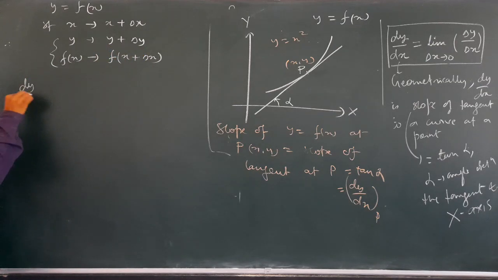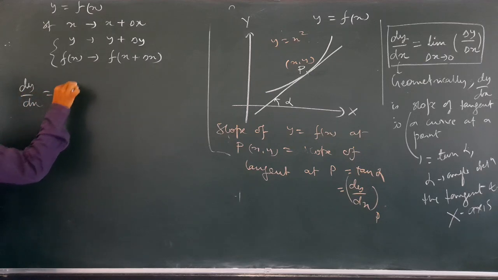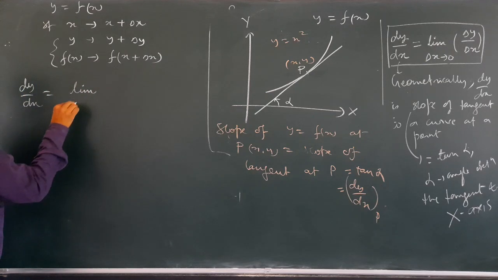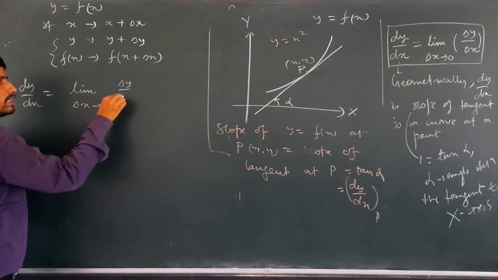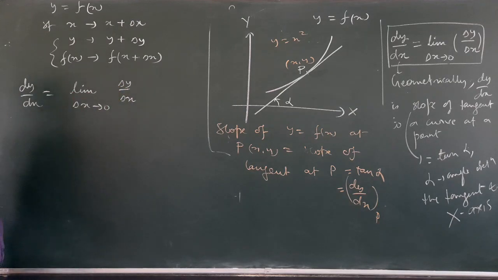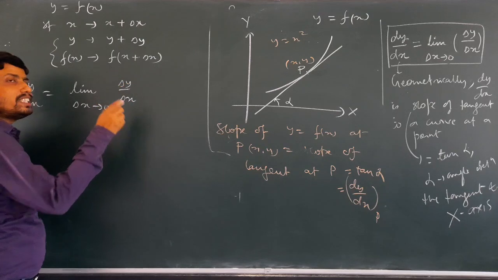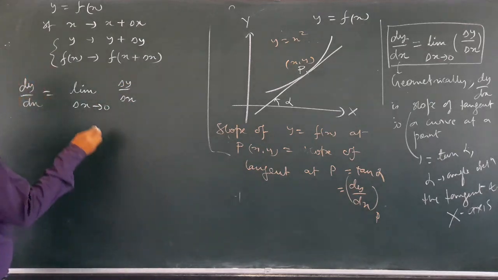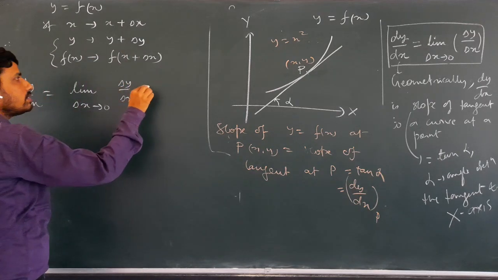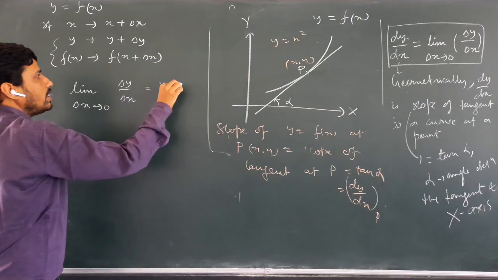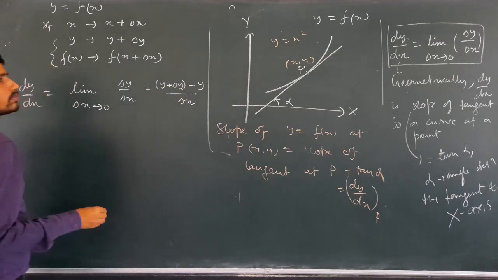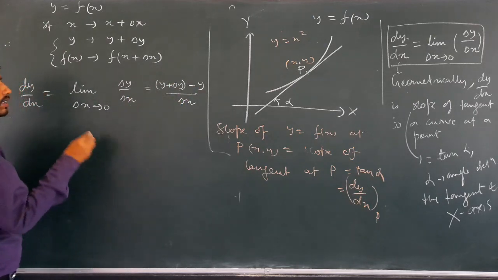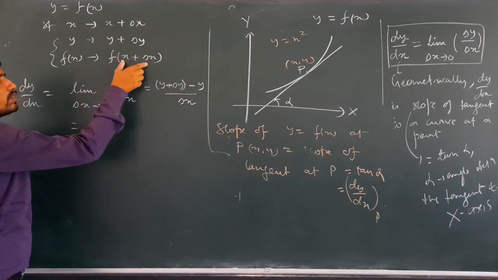Now how have we defined dy by dx? This is limit delta x tends to 0, delta y by delta x. What is delta y? Delta y is change in y. Change in y is final value minus initial value. You can see y will cancel. What is y plus delta y?